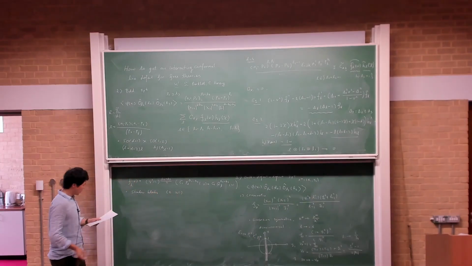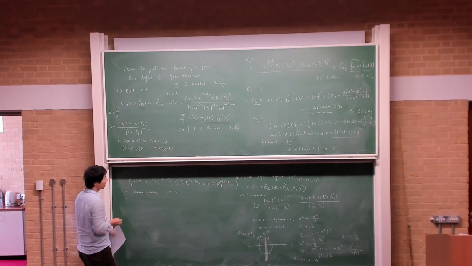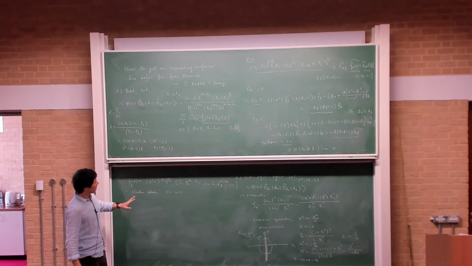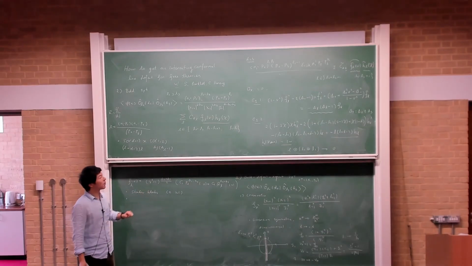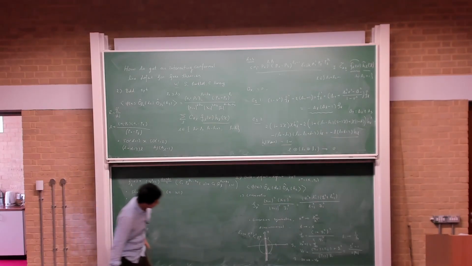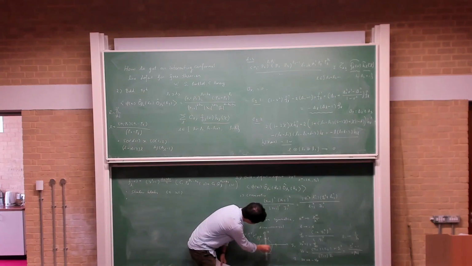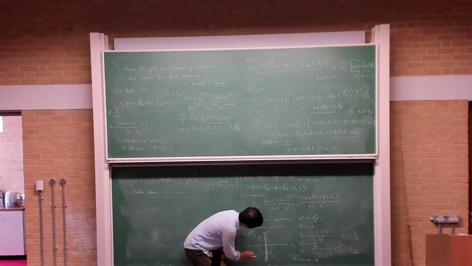The second comment is, as you see, this conformal block is actually regular around nu equals 0. This is the Euclidean picture, but we still want regularity around nu equals 0.